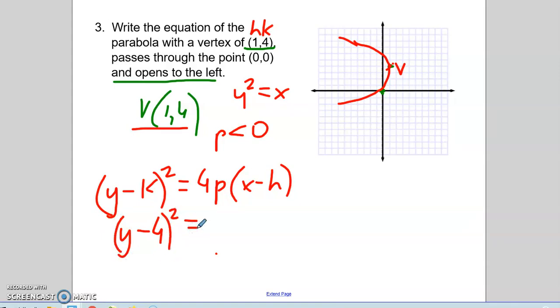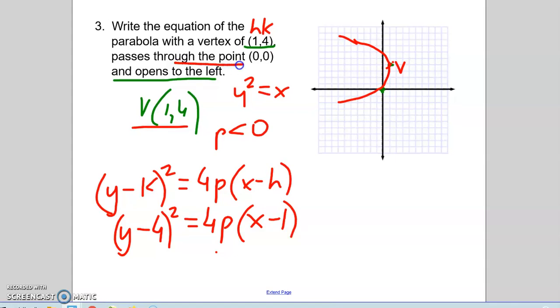That's the y value of the vertex. I don't know what p is yet, so 4p and x minus 1. Okay, so let's think a little bit about how to find this p value. We're not really given the directrix in this problem, and we don't have the focus either, so it's not so simple.